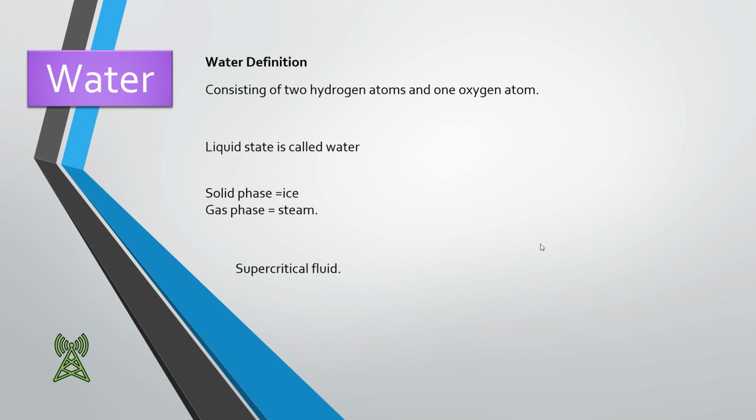It can penetrate through materials like a gas can penetrate, and then it can dissolve things like a liquid. This is very important, especially in the chromatography chapter, supercritical CO2 chromatography. These topics are a prerequisite of this class, this topic of industrial pharmacy.